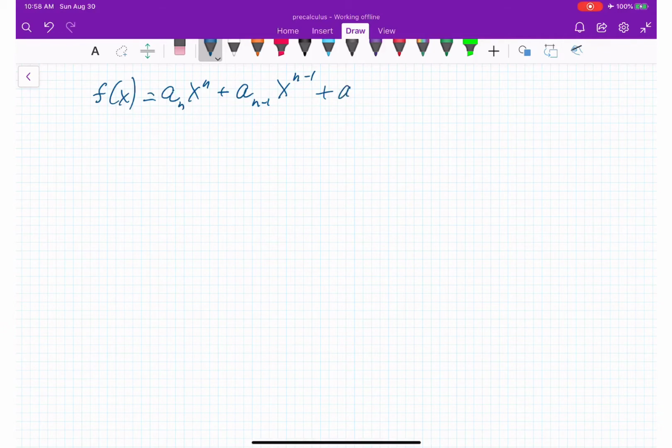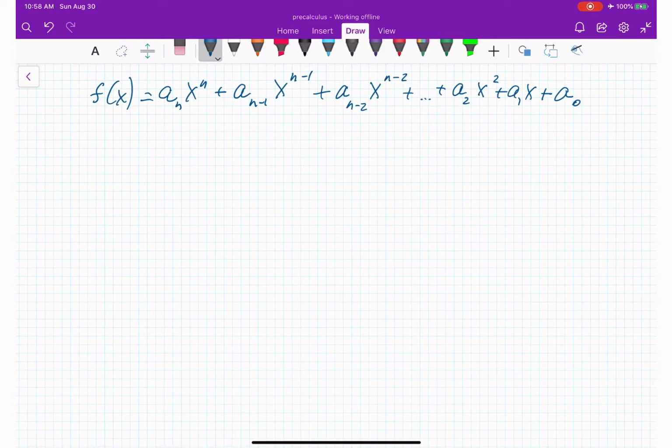Let me write down also n minus 2. Then we can put dot dot dot, so we arrive at a_2 x^2 plus a_1 x, or x to 0, which leaves only a_0. So this is what a polynomial is.